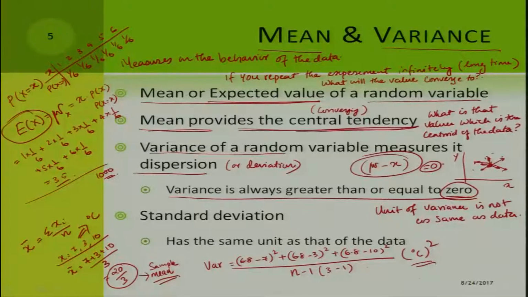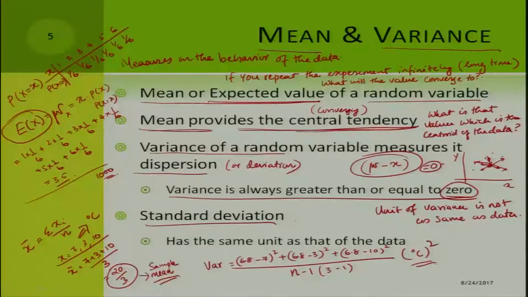Hence, to find a deviation which is in the same unit as the data value, we use what we call the standard deviation. Standard deviation is typically denoted by sigma. By the way, variance is typically denoted by variance of x or sigma squared of x. When it comes to a sample, we say S squared. That is a notation that is used, which basically says it is a variance.